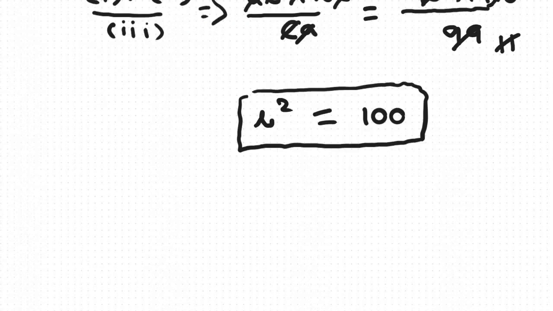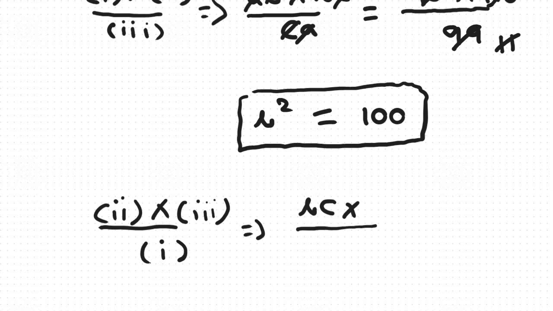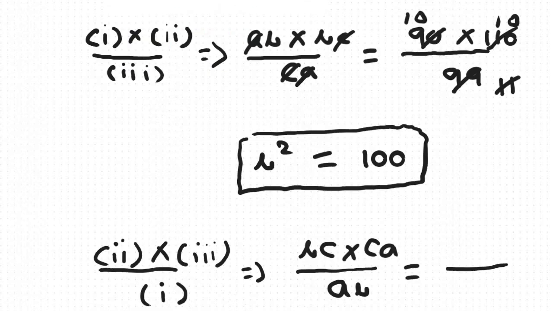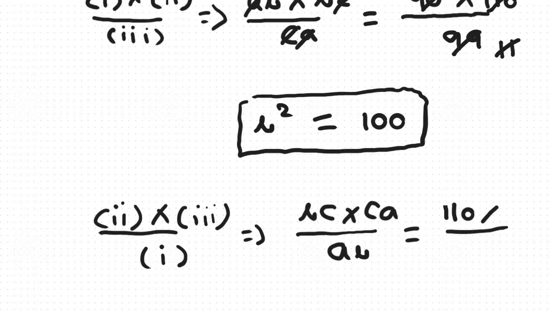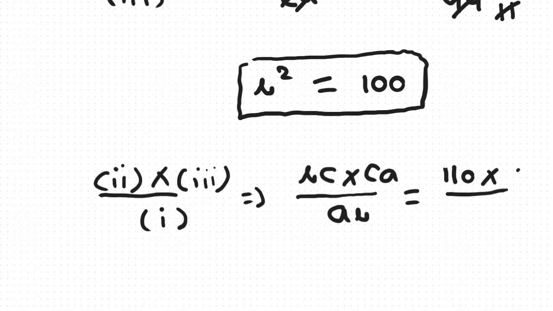Next, we can divide equation 2 and multiply with equation 3 and divide by equation 1, which gives us BC times CA divided by AB, and on the right side we get the value of BC is 110 times the value of CA is 99 and the value of AB is 90.